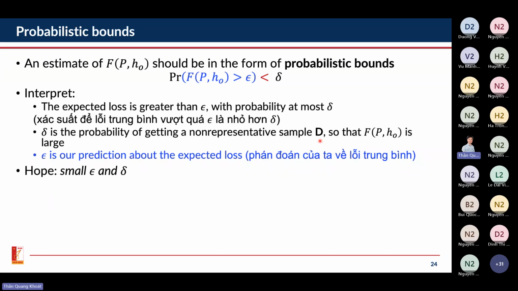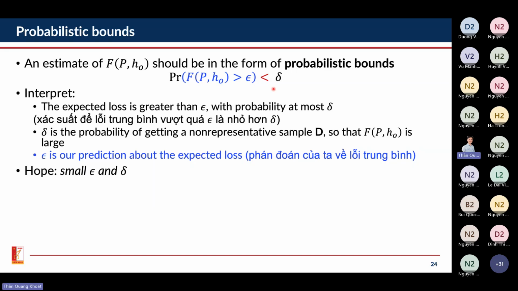In practice, we hope that both epsilon and delta should be small. What do we mean by epsilon small? The test error should be small with a high probability, right? If we have this kind of statement, then our model can be very good with a high probability.